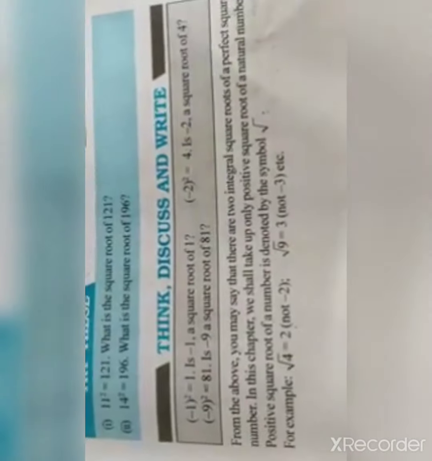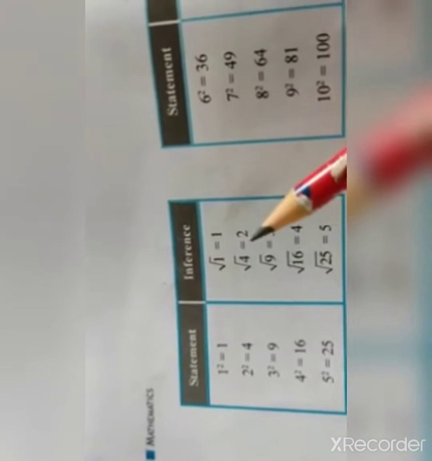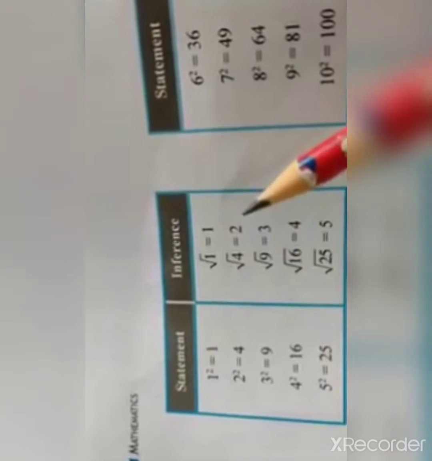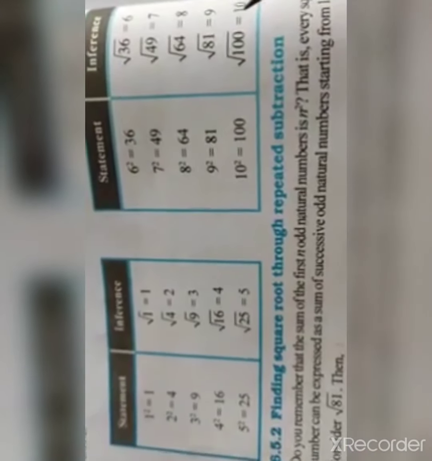Okay. Now see at page number 100. 1 square equal to 1, so root 1 is equal to 1, because we are talking only about positive numbers. 2 square equal to 4, so square root of 4 is 2. Same way, 10 square is equal to 100, so square root of 100 is 10.